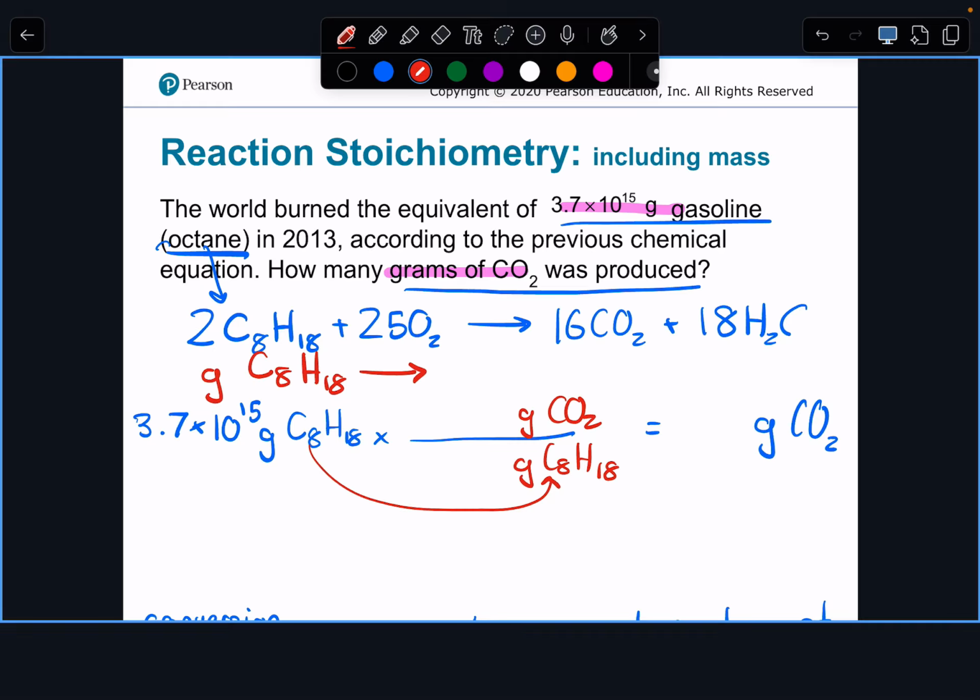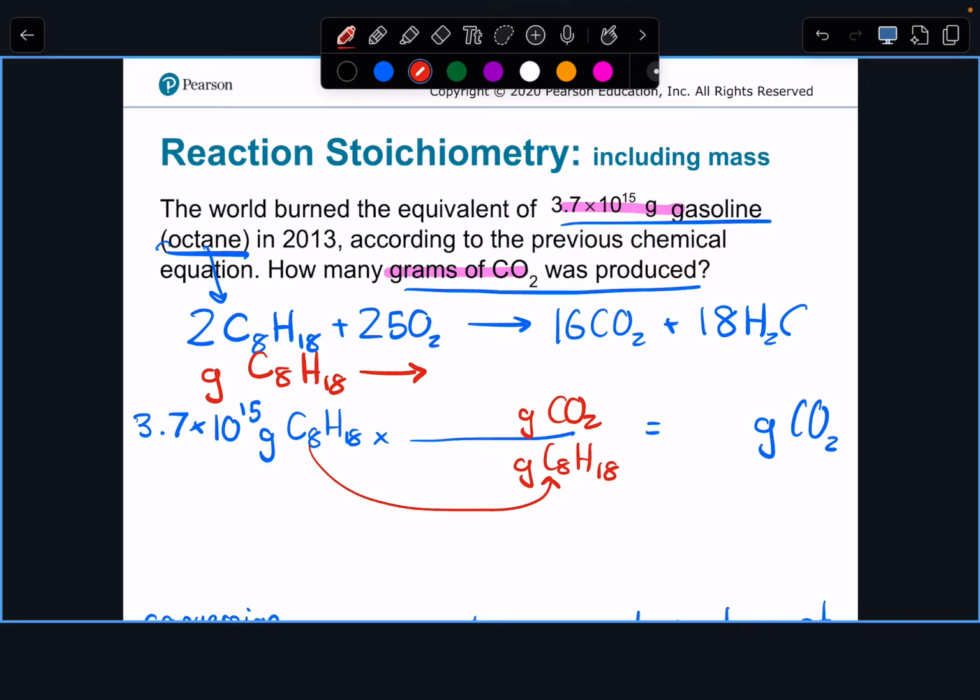And I'm gonna have to convert to something so that I can eventually get to grams of CO2. And here is the big secret of chemistry calculations. You're gonna be converting to moles most of the time, okay? Because the balanced equation ratios are in terms of moles, almost every time, whatever you start with, you're gonna convert it to moles of that thing.